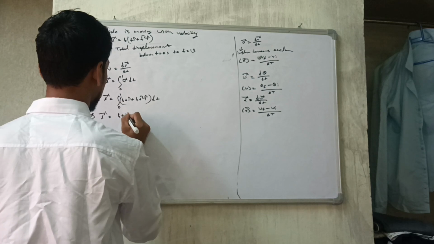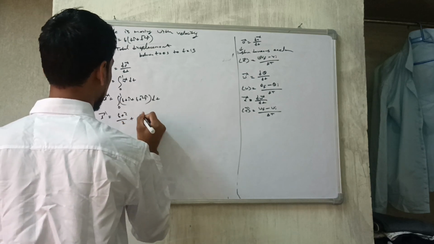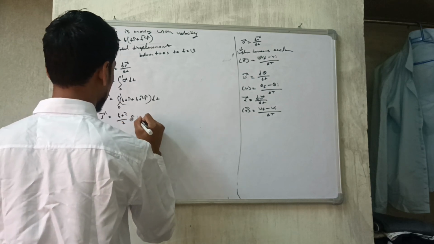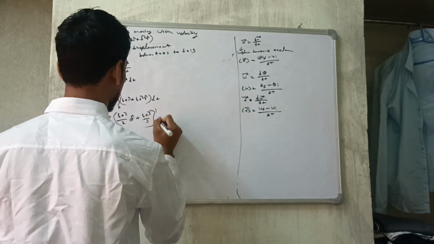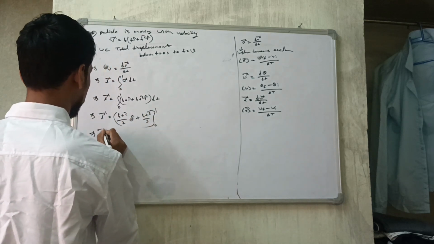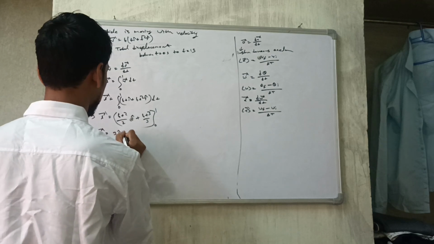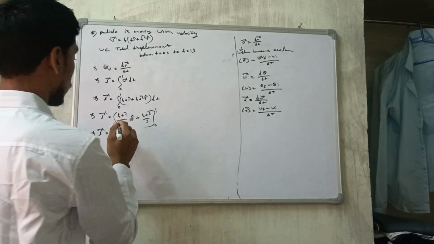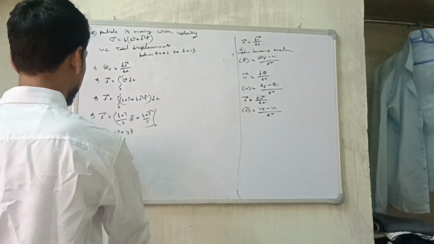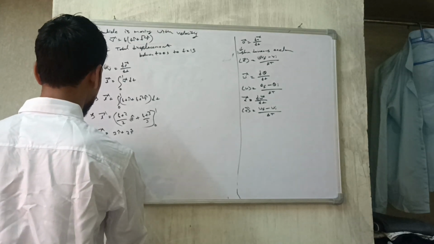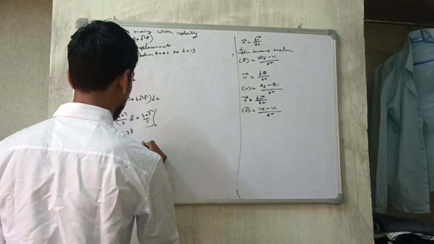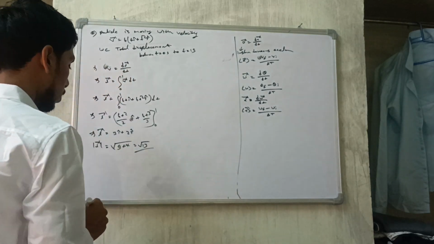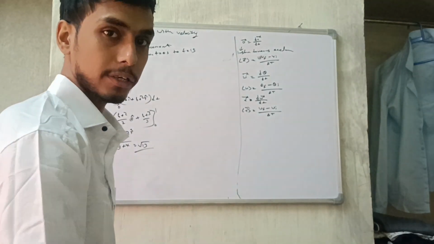This gives 3i plus 2j, and its magnitude will be root 13.